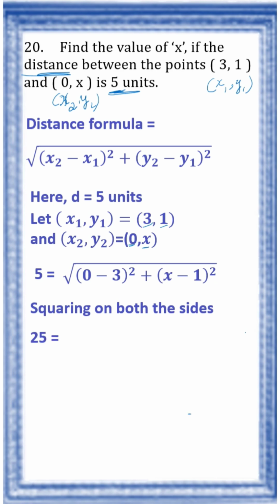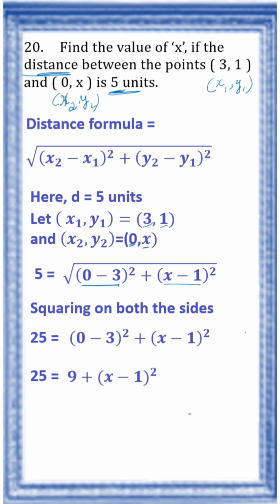Here 0 minus 3 is minus 3, the square is 9. Here x minus 1 the whole square. Now 25 is equal to 0 minus 3 the whole square, that is 3 square, that is 9, plus x minus 1 the whole square.